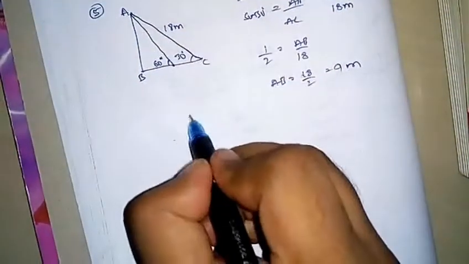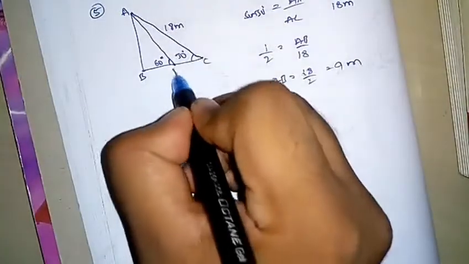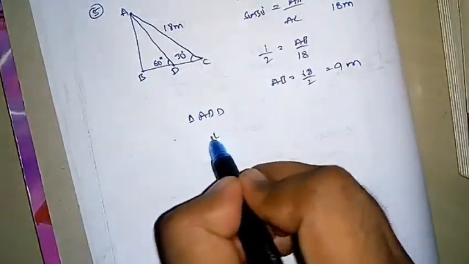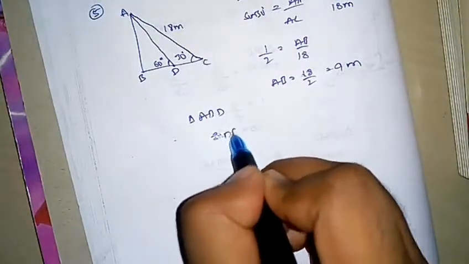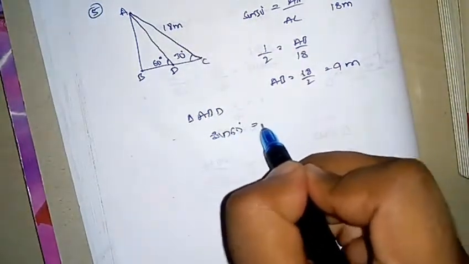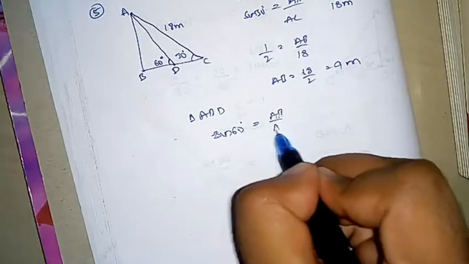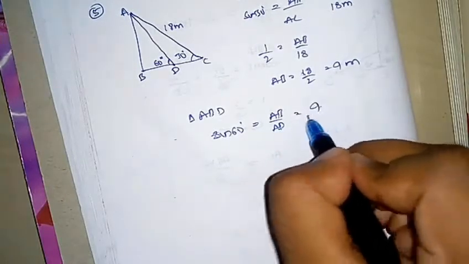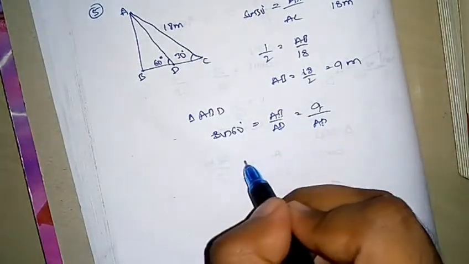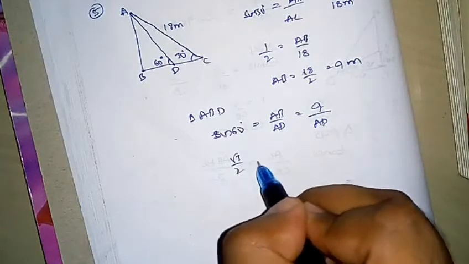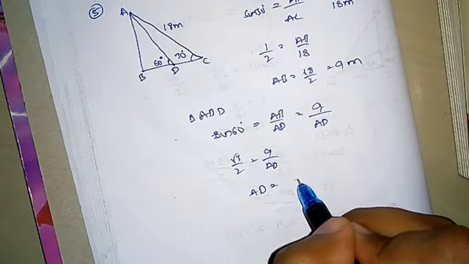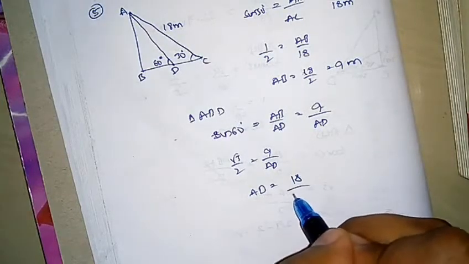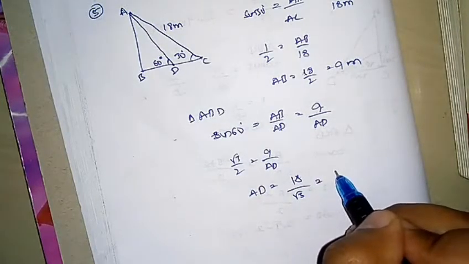Now in triangle ABD, sin 60 degrees is equal to AB by AD, which is 9 by AD. Sin 60 is root 3 by 2 is equal to 9 by AD. Therefore AD is equal to 18 by root 3, which is equal to 6 root 3.